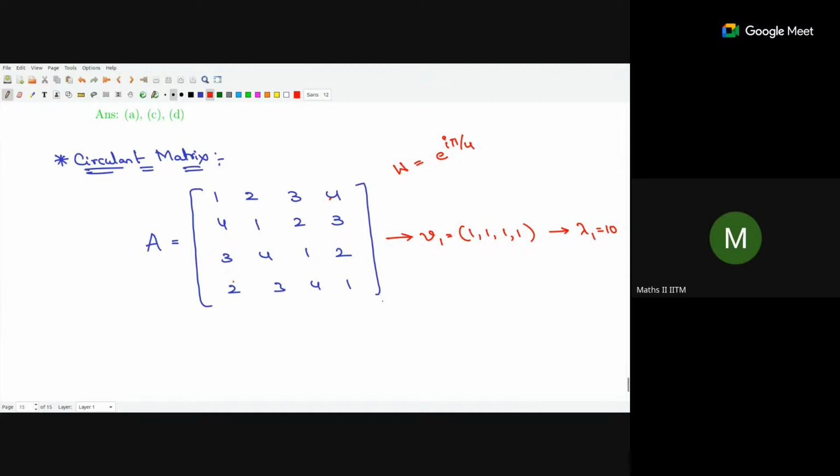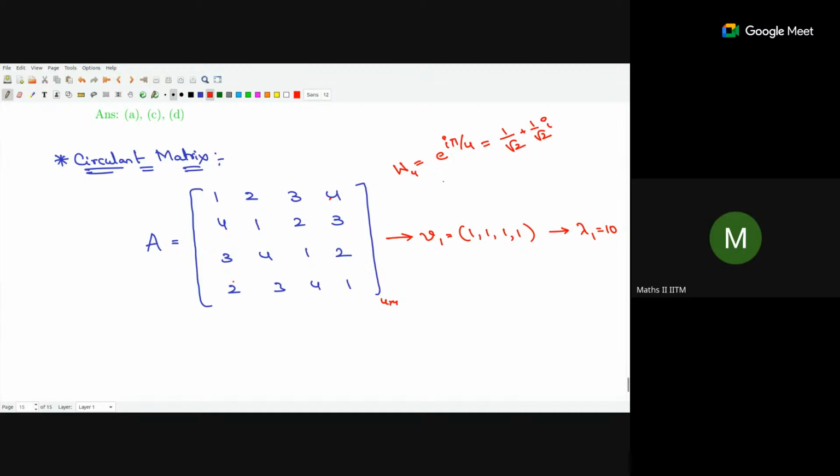The matrix is 4 cross 4. So we define w to be e power i pi by 4, which, if you compute, will be 1 by root 2 plus 1 by root 2 i. Now w is this, and we will call it w4.